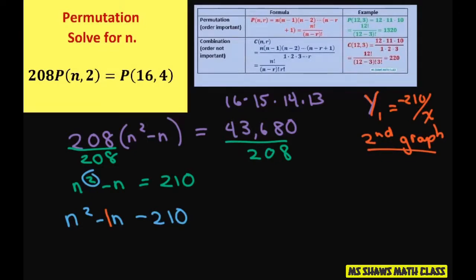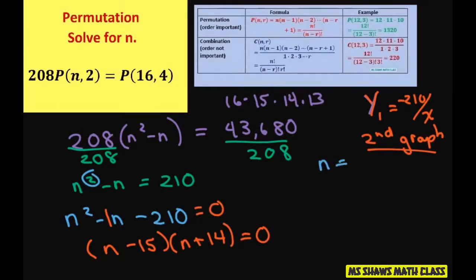You just look at your x values and your y values, you can kind of get an estimate. So when I did that, I got n minus 15 times n plus 14. We're setting this to 0. So we have n equals 15 and n equals negative 14.